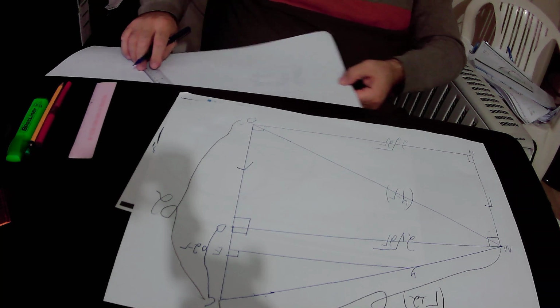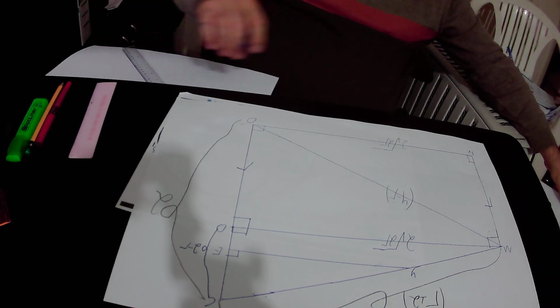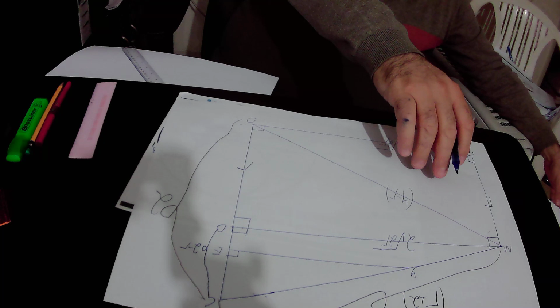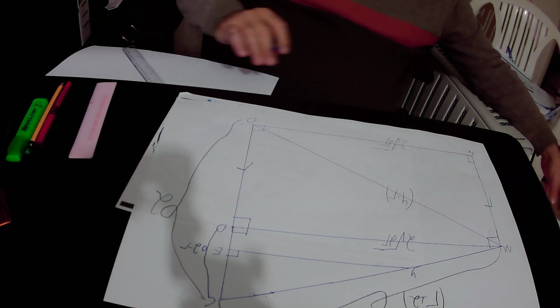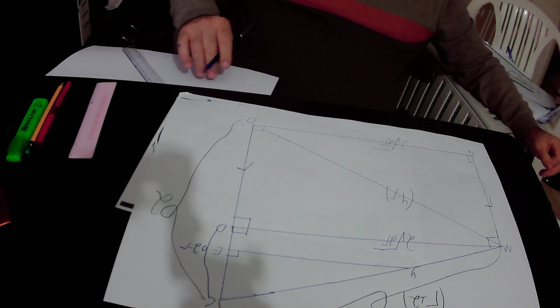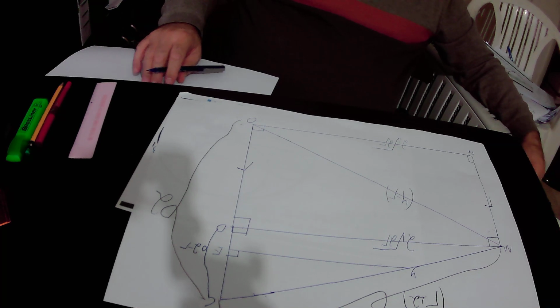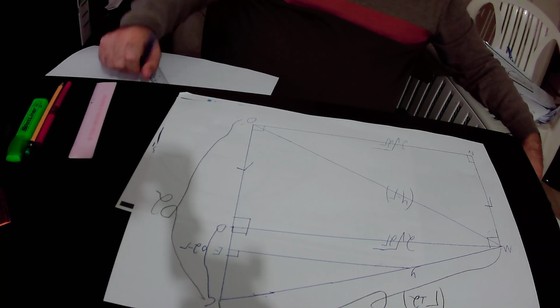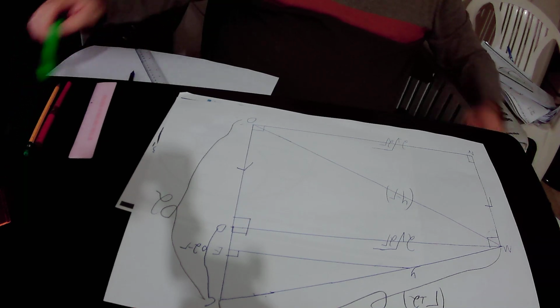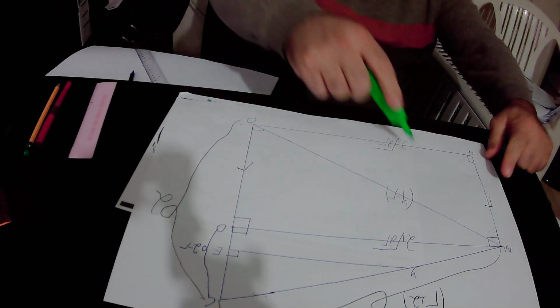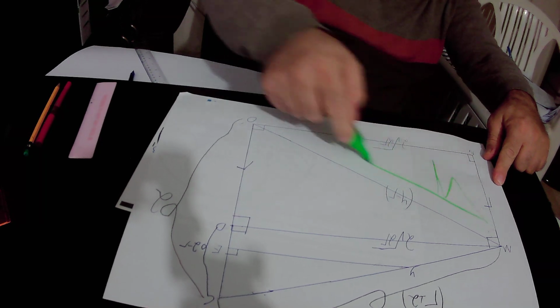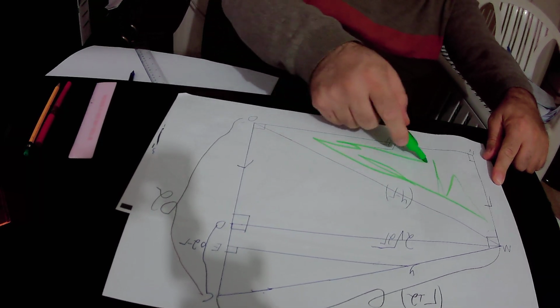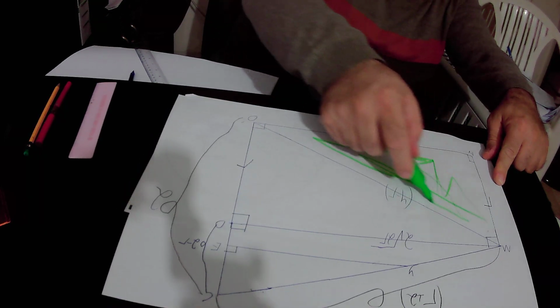So in the next step, we will focus on the right triangle, triangle MNO, the right triangle in the green color.